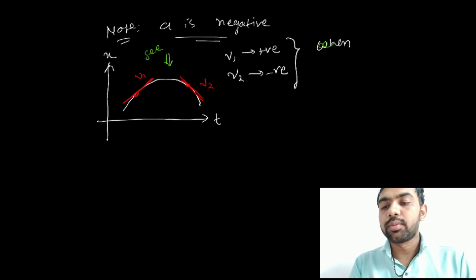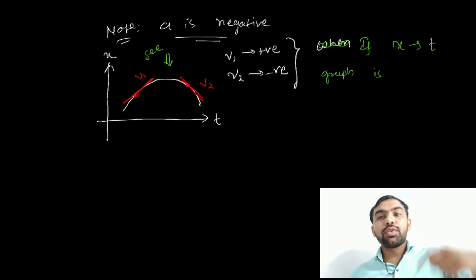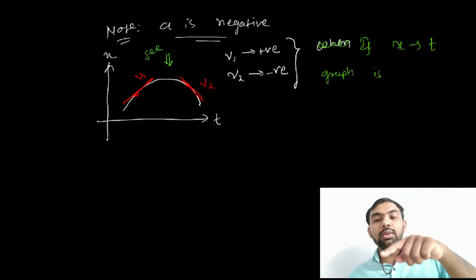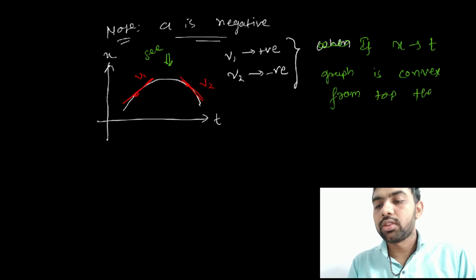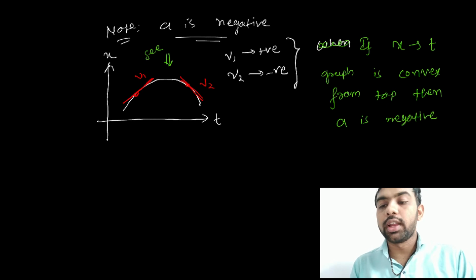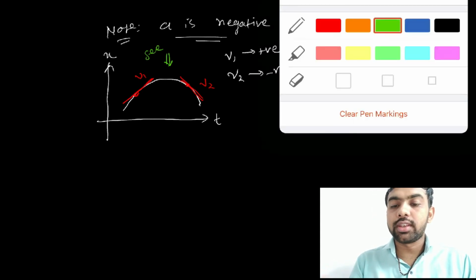So if the x versus t graph is seen from the top, then the shape is what? Convex. Graph is convex from the top, then a is negative. Then how do we write this acceleration?